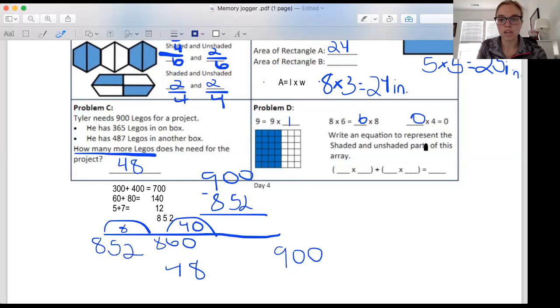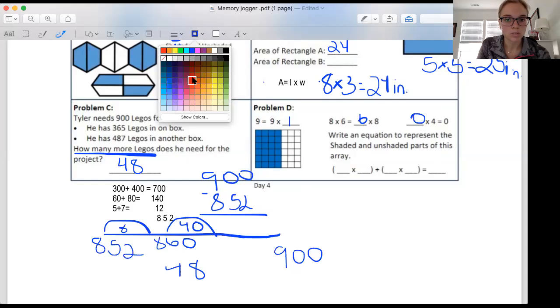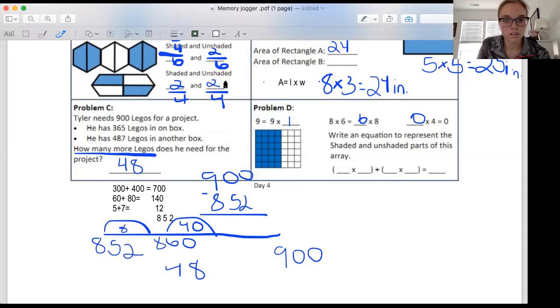Now it says write an equation to represent the shaded and unshaded parts of this array. So first let's look at the shaded. I'm going to change my color so it's a little bit easier for y'all to see. I have 4 on this side and 1, 2, 3, 4, 5, 6 on this side.